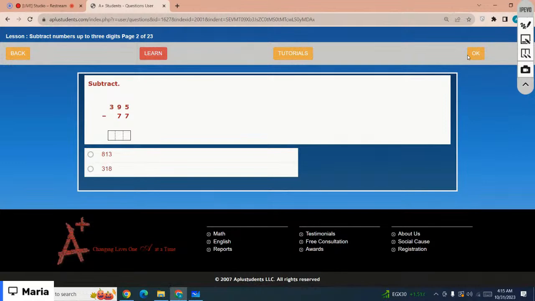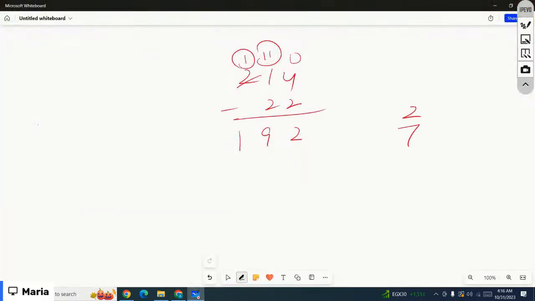No, we are not carrying, we are borrowing. We do carry in addition. Here we are borrowing. You cannot subtract a greater number out of the smaller one, right? You always subtract a smaller number out of the greater one, right? For example, you cannot subtract 7 out of 2. You always do 7 minus 2, right? So when you cannot subtract 2 out of 1, this way you have to borrow 1. Got it?